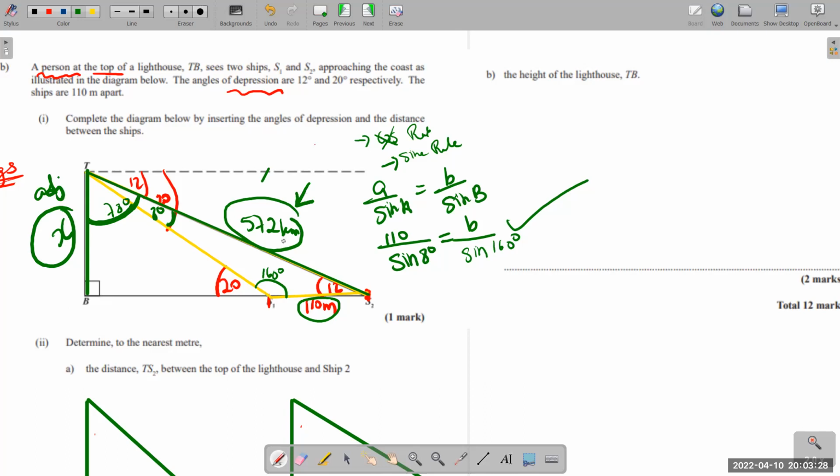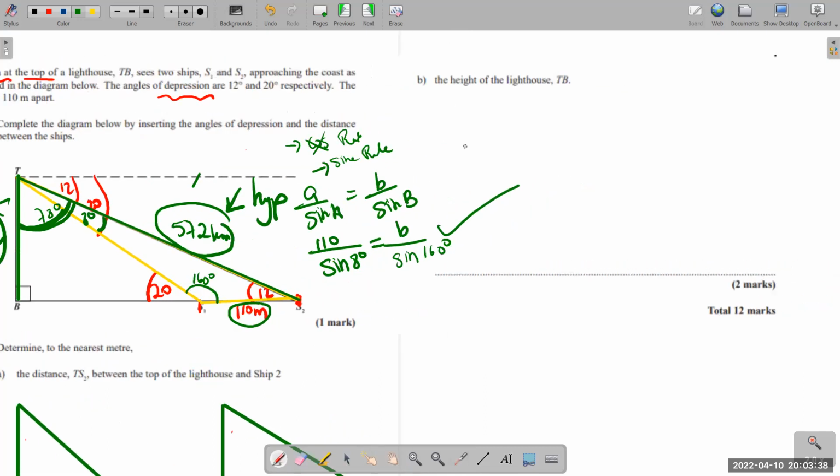Remember, 572 is what we just found. That's the hypotenuse. X is the adjacent, and we have the angle. So it's going to be cos 78 is equal to X over 572. And you solve for X.